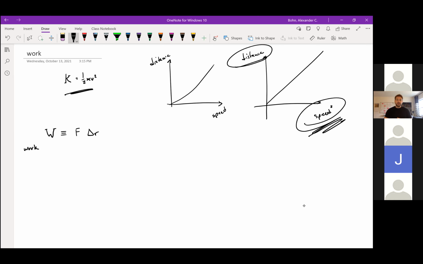I have a couple problems with this definition. Force is a vector. And frankly, so is displacement.